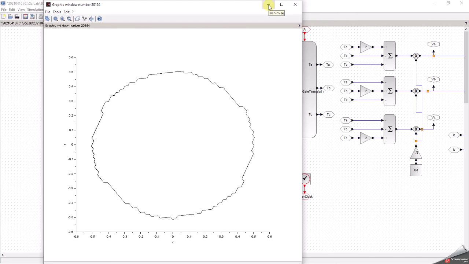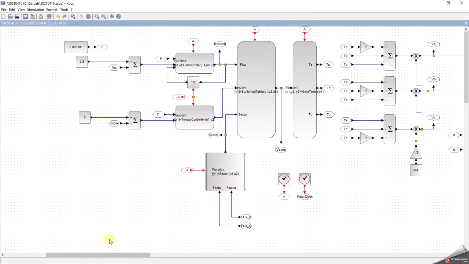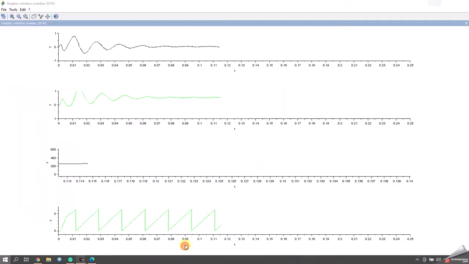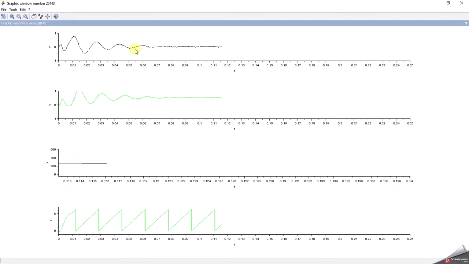And then the motor model, obviously you have to simulate a motor model, and this is part of the motor model simulator. So this is the D axis, this is the Q axis, and this is the angular velocity of the stator. You can see within 3 rotations it has more or less stabilized out here.